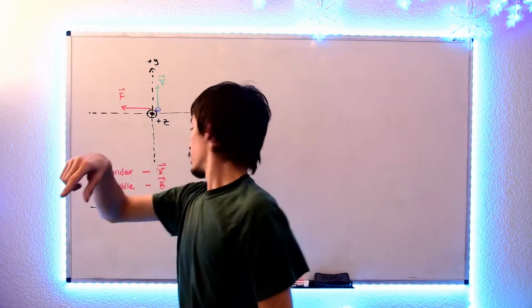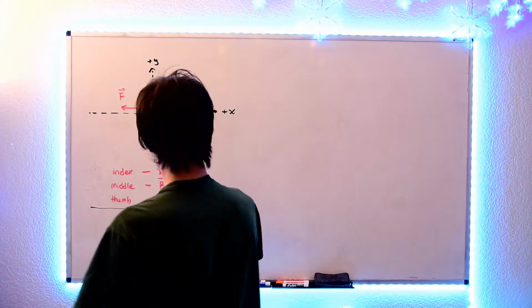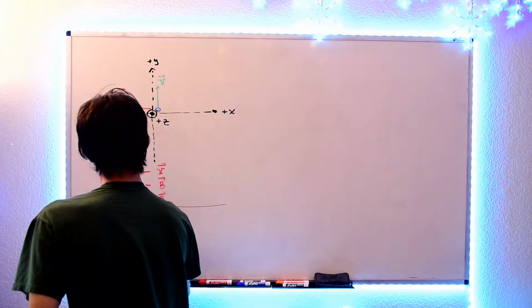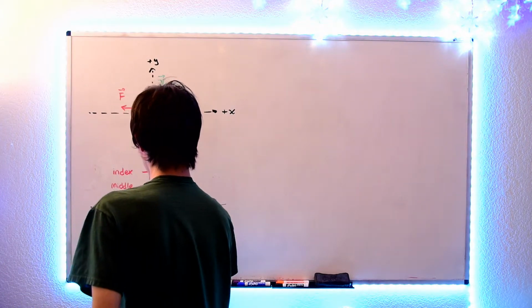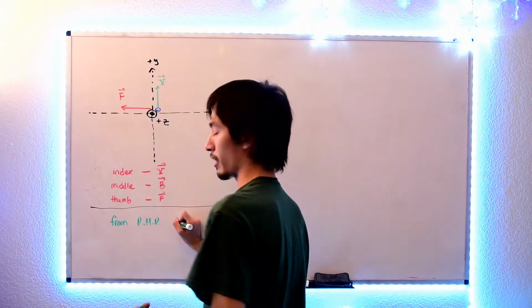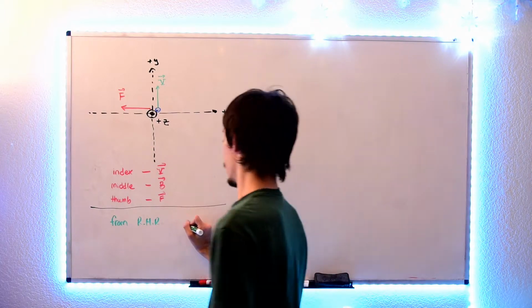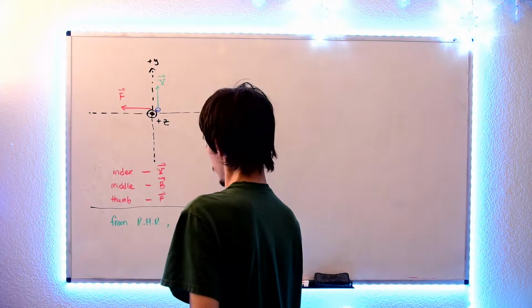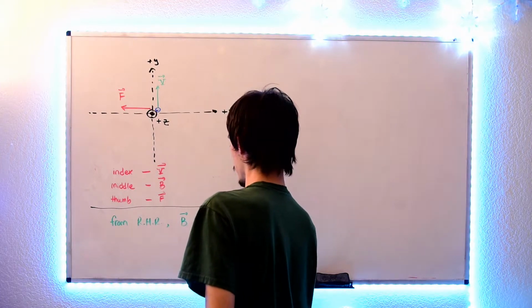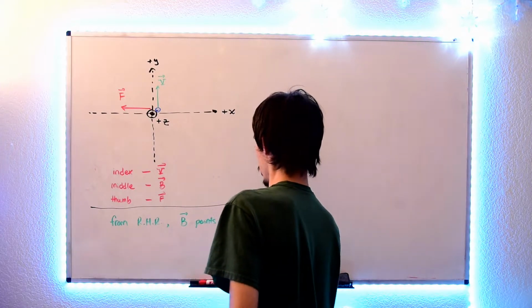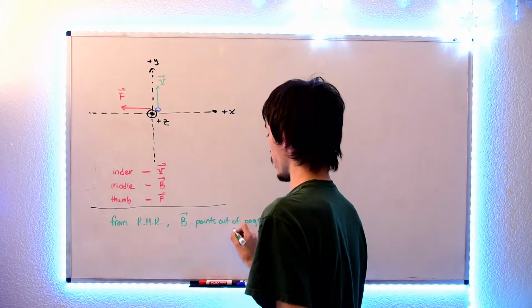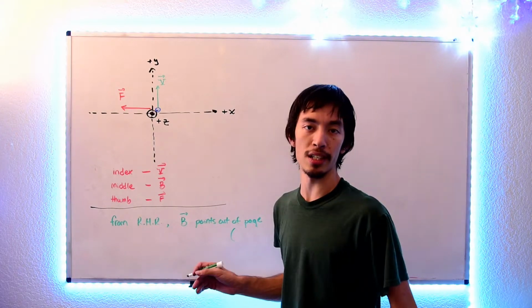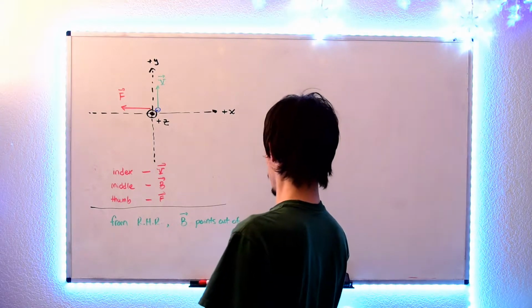That is the magnetic field direction. Okay, so from the right hand rule, except in this case we're using our left hand, the magnetic field points out of page. Okay, so in other words, out of the page would be in the positive z direction.